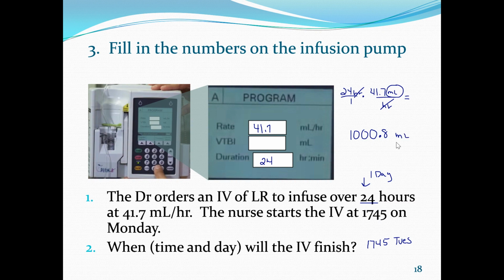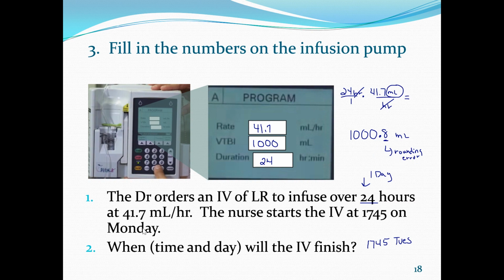Now I'm thinking in my head, I can picture IV bags. We've seen a couple in the last couple weeks, and none of them were 1,000.8 milliliters. So this 0.8 is truly rounding error. And I'm thinking the volume to be infused is a 1,000 milliliter bag. Why would I have some rounding error in this calculation? Because I didn't round at all.